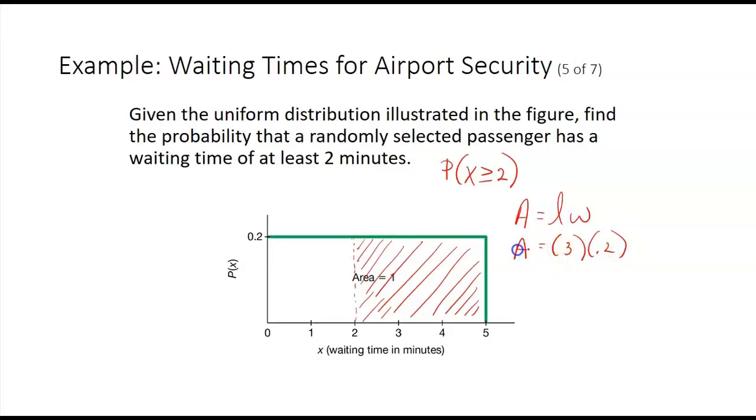So from here, my area is going to be 3 times 0.2, or 0.6. It makes sense that this would be less than 1 because we know that the total area is 1, and this is actually 3/5 of the total, so 3/5 of that is going to be 0.6.